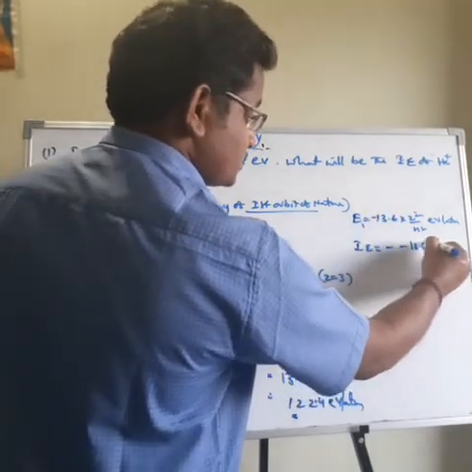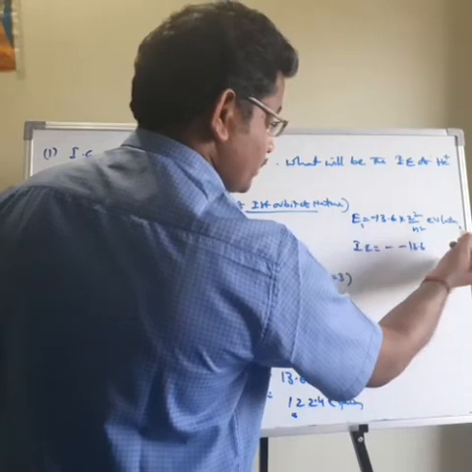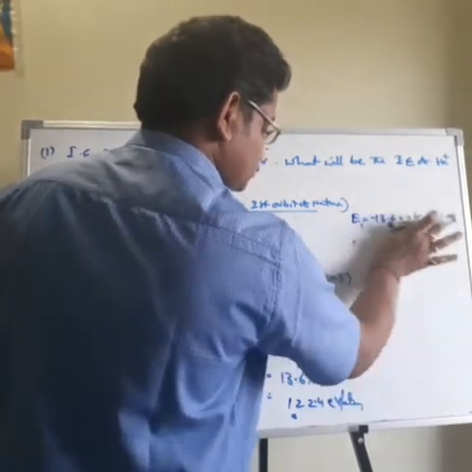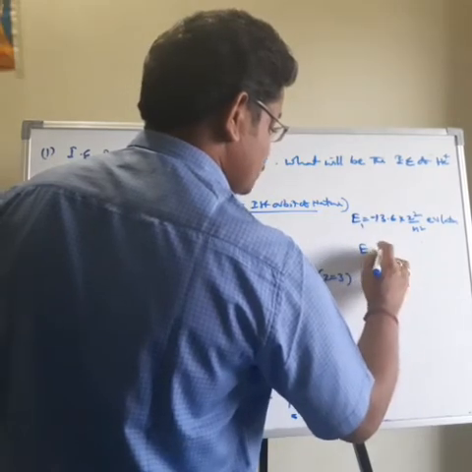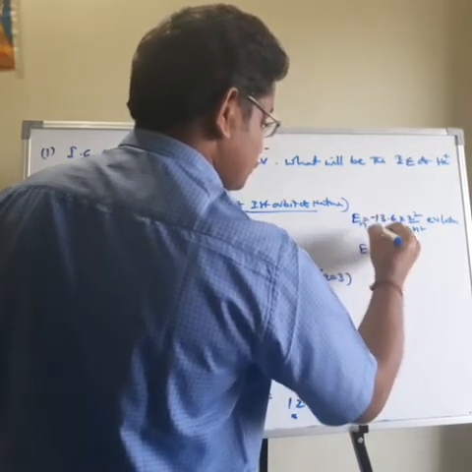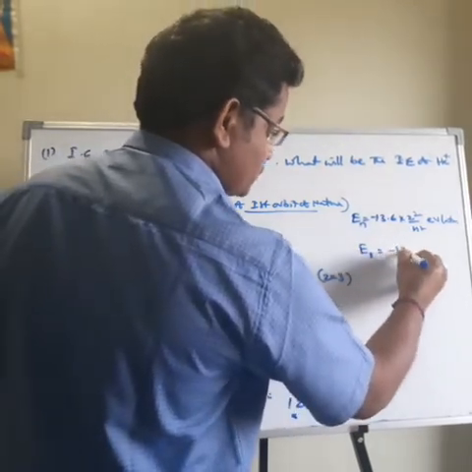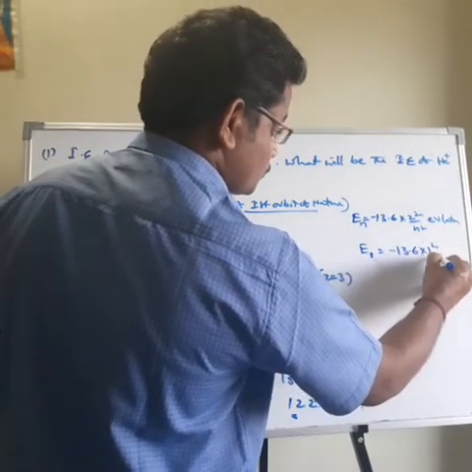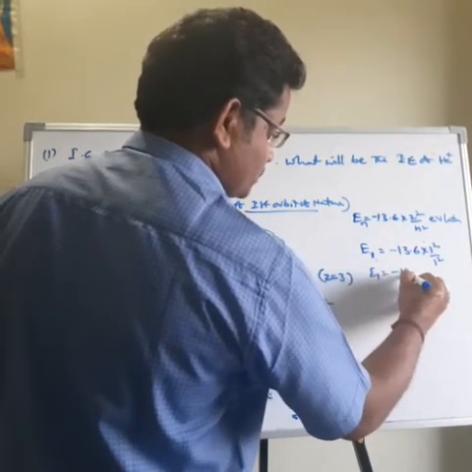The E1 value we have to substitute here. For the first orbit, Z value is 1, n value is 1. That is formula En. So E1, the energy of the first orbit of hydrogen atom, is minus 13.6 into 1 squared by 1 squared electron volt. That means E1 is equal to minus 13.6.